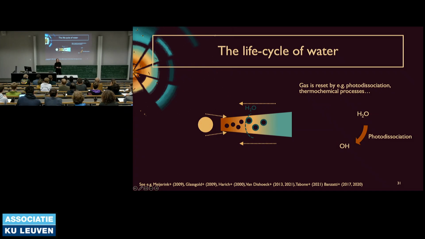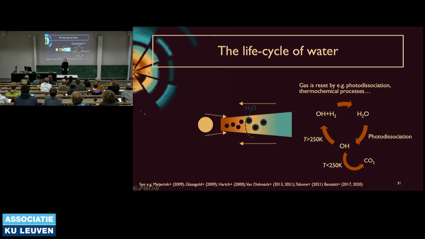This becomes OH through photodissociation, and this can react again to become water if the temperature is favorable for this. If you have a lower temperature, it in fact will become CO2. So there's a difference between what temperatures and what layer you're at and what kind of reaction is favored, and if you'll be seeing more CO2 or more water.